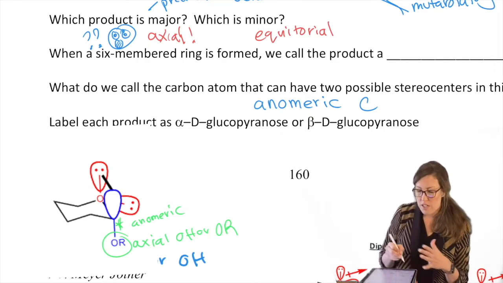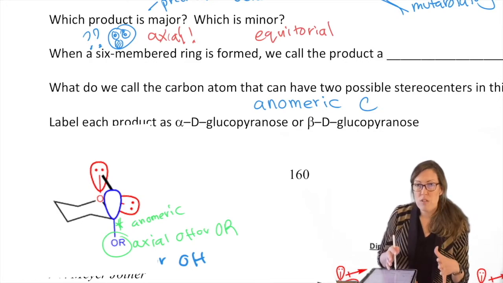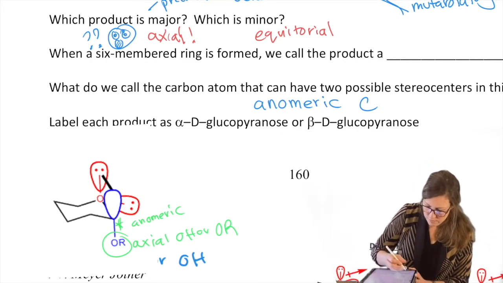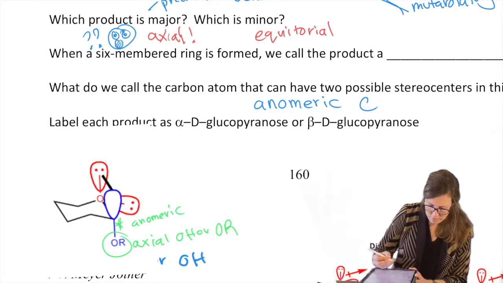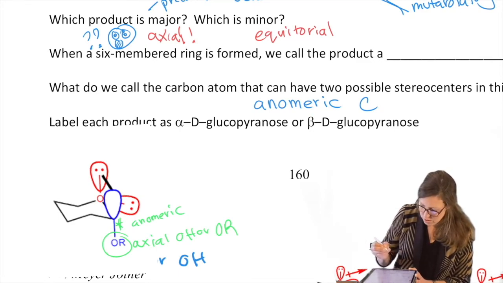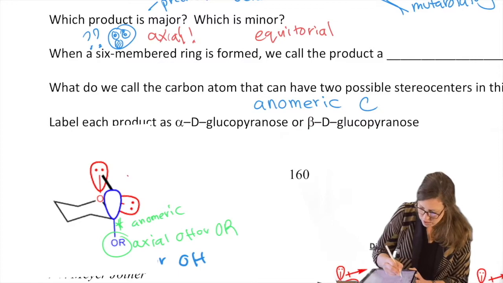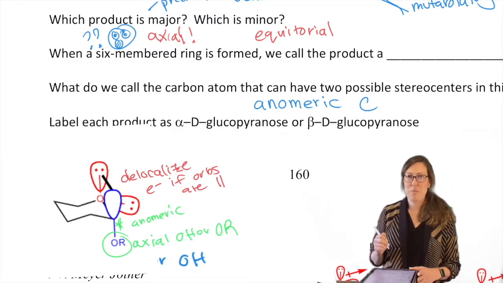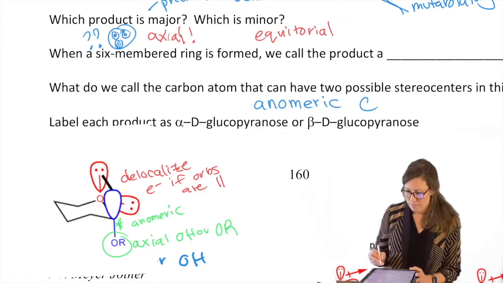In other words, it likes to approach a more even distribution of electron density, and this allows it to do that. So, delocalize electrons if orbitals are parallel. They must be parallel. This path doesn't work if they're not parallel.